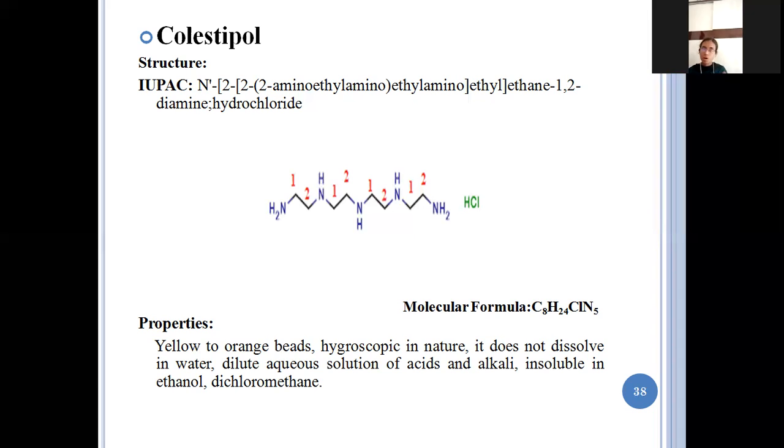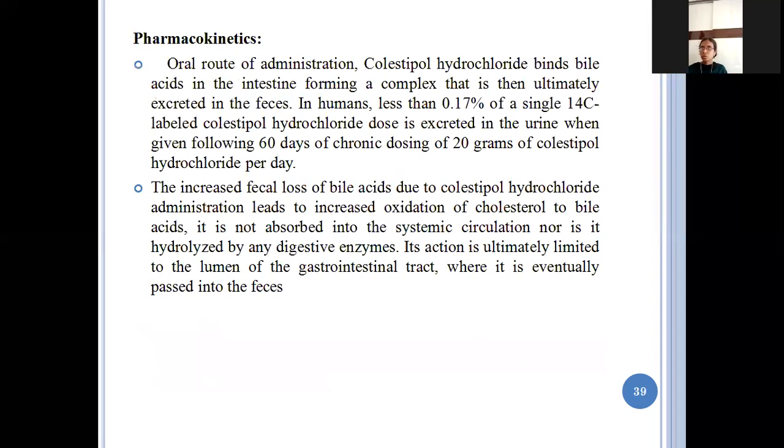It does not dissolve in water and dilute aqueous solutions of acid and alkali. And it is insoluble in ethanol and dichloromethane. So pharmacokinetics: it is an oral route of administration and it will bind to the bile acid in the intestine, forming a complex that is excreted in the feces.